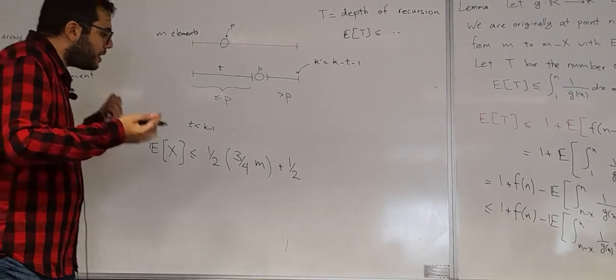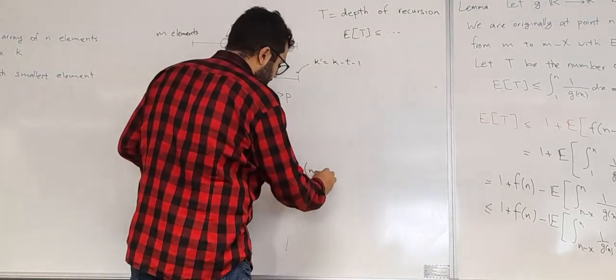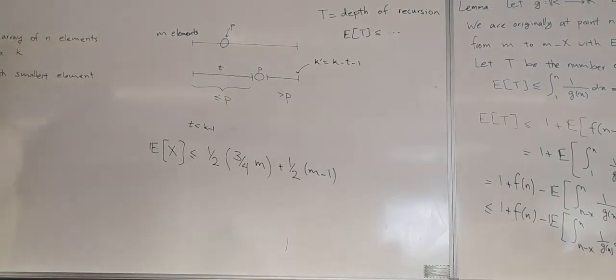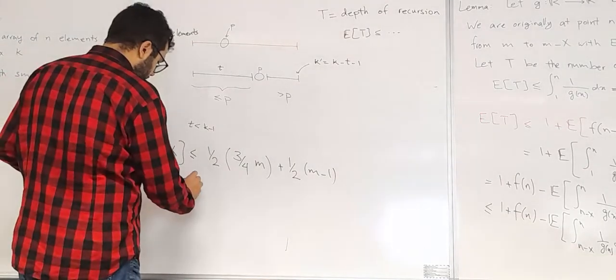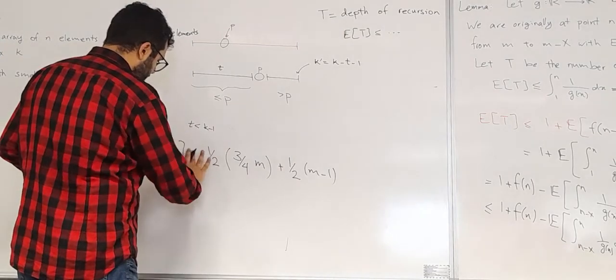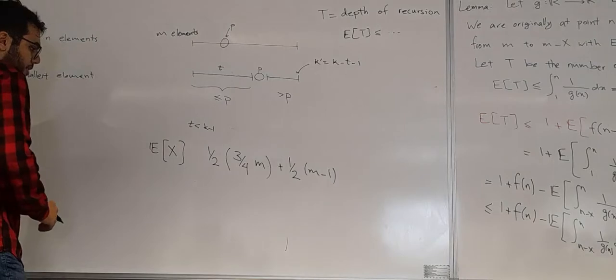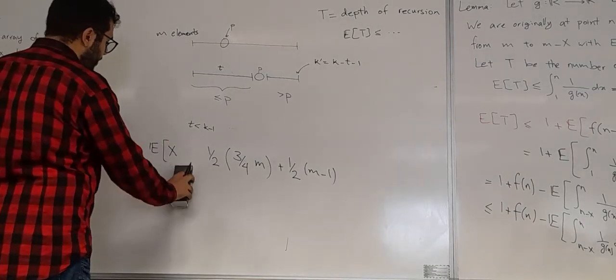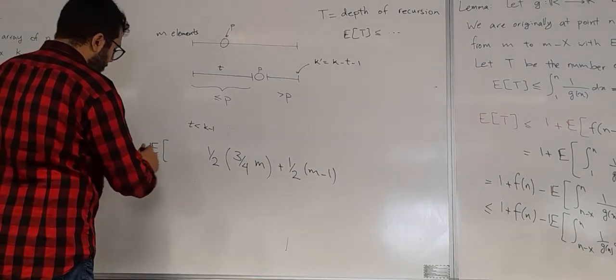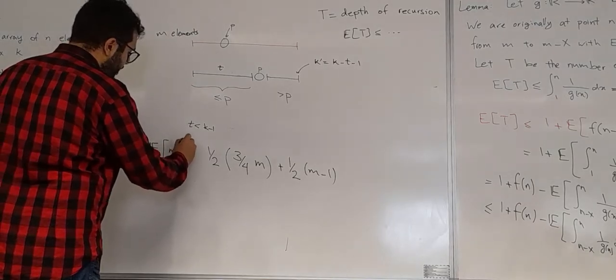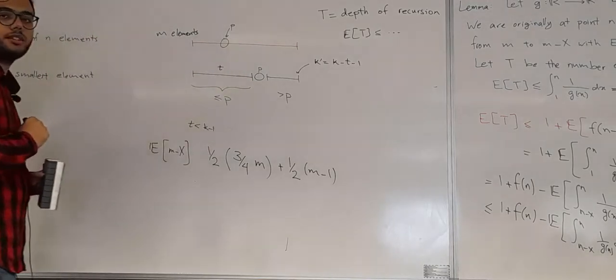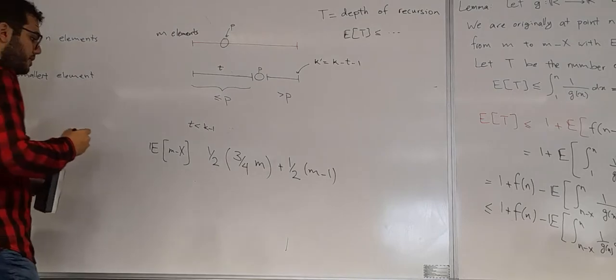So I take the worst case and say that's m-1. I'm just finding a bound, so I can be sloppy with the bound. Sorry, this was not the expected value of x, this was the expected value of m-x, because x was supposed to be the amount that we reduce from our size.